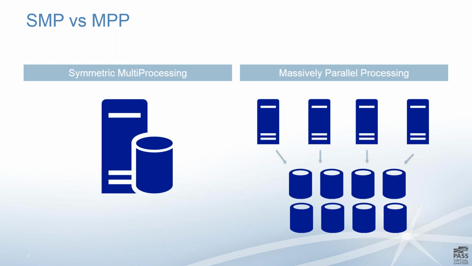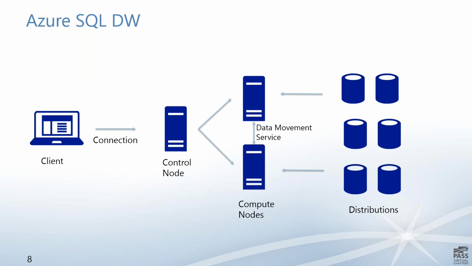Azure SQL Data Warehouse is an MPP system, so we're talking about multiple nodes. Each of them coordinates the work that they're doing for a query, and that's how we get that type of performance where we can analyze a workload that can get to hundreds of terabytes or even the petabyte range, right?